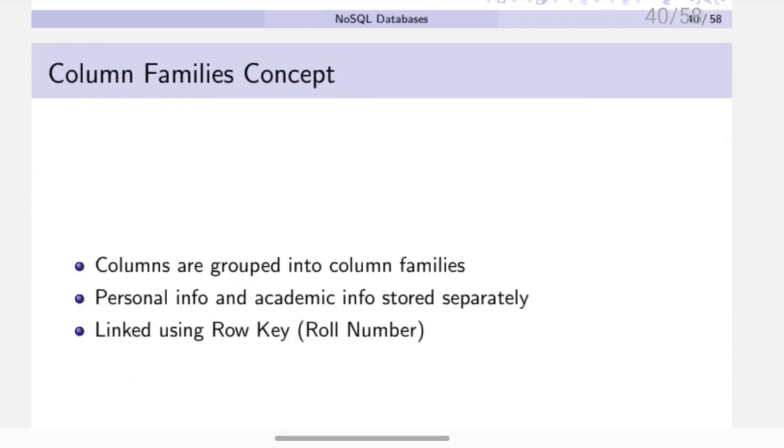That is what column families are about. Columns are grouped into families such as personal info and academic info. They are linked using a row key like roll number. Based on the roll number, the personal info and academic info will be linked.